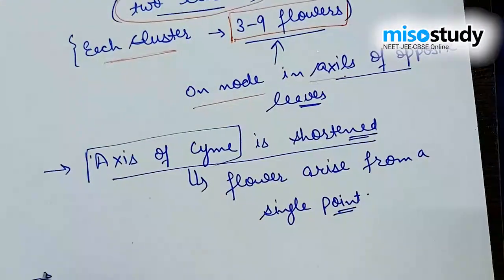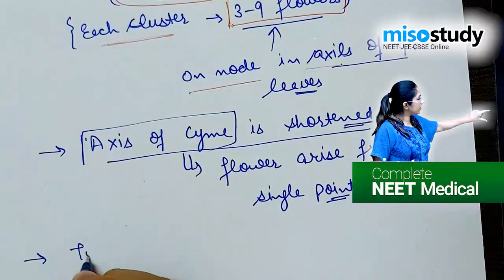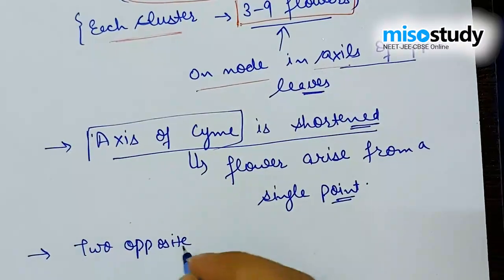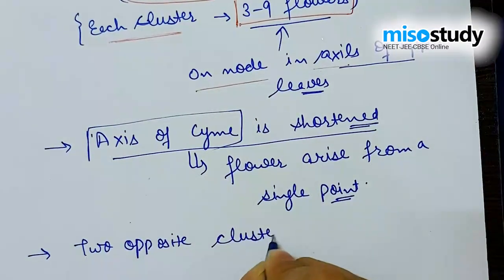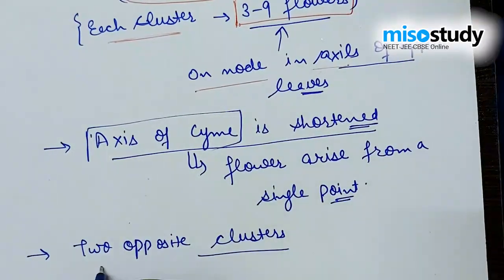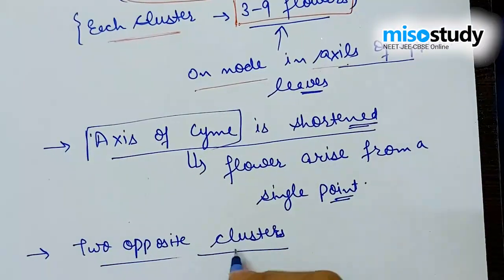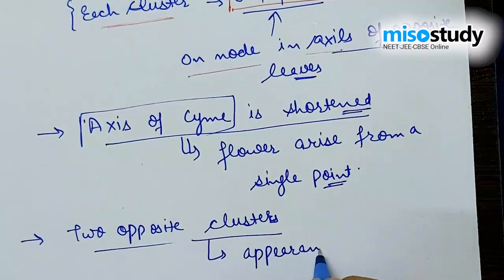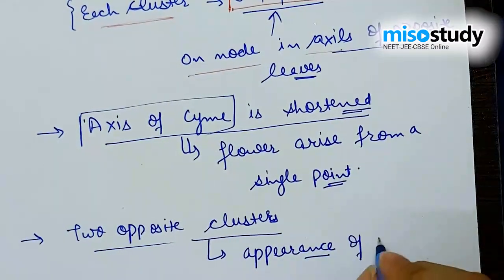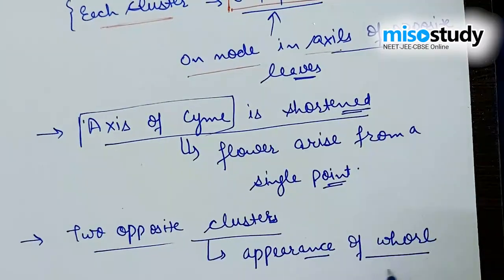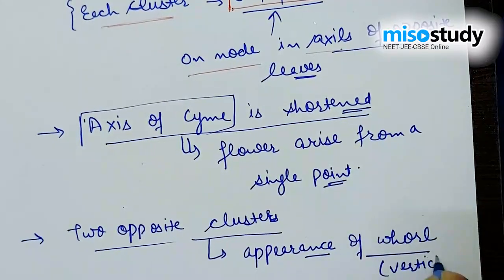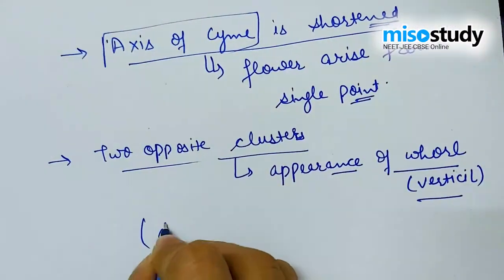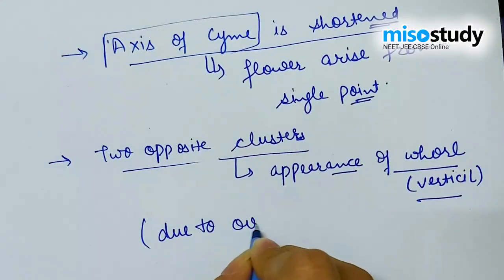Next, when we discuss the clusters that we discussed starting in the question, the two opposite clusters generally give the appearance of whorl and verticille due to overcrowding.